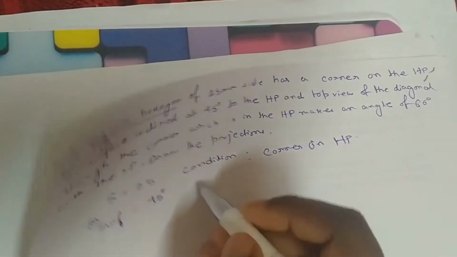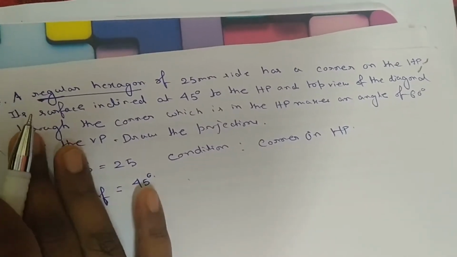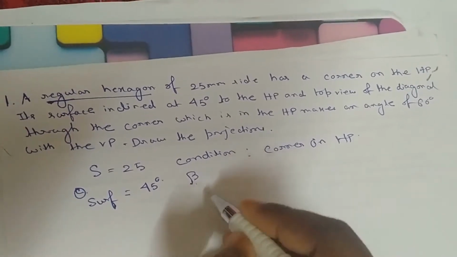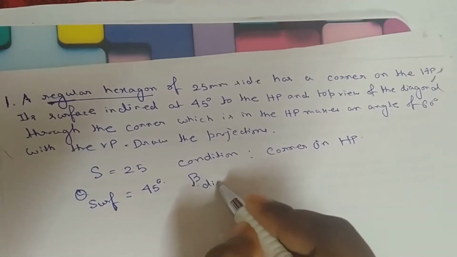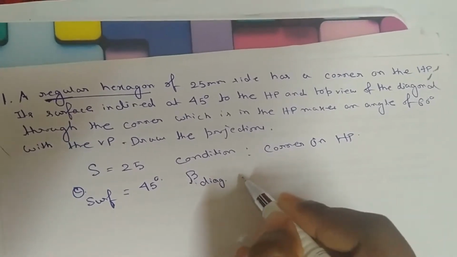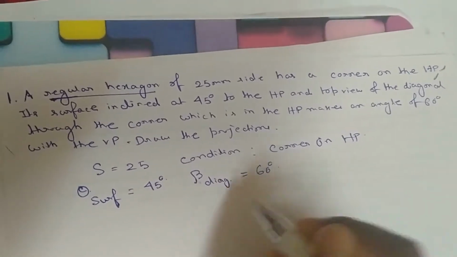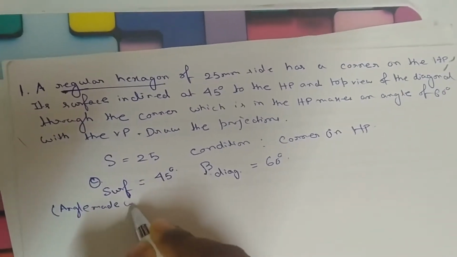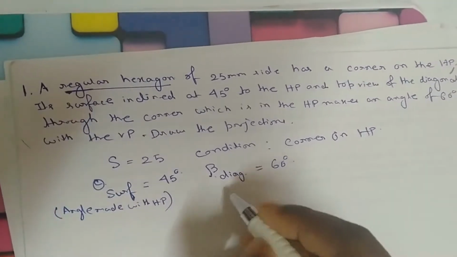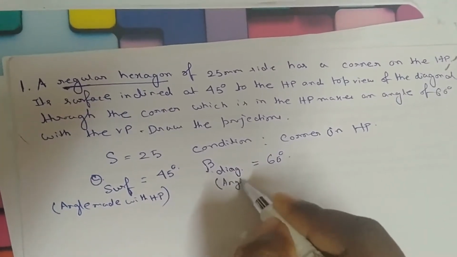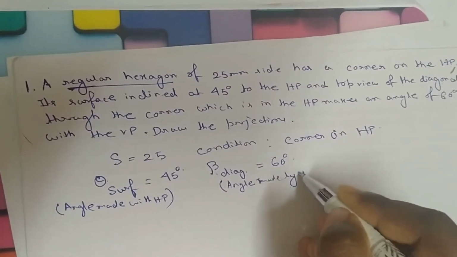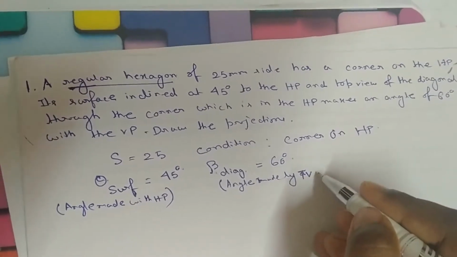So the top view making an angle with VP means beta, and the diagonal is 60 degrees. So this is the angle made with the HP plane and this is the angle made by the top view with VP.